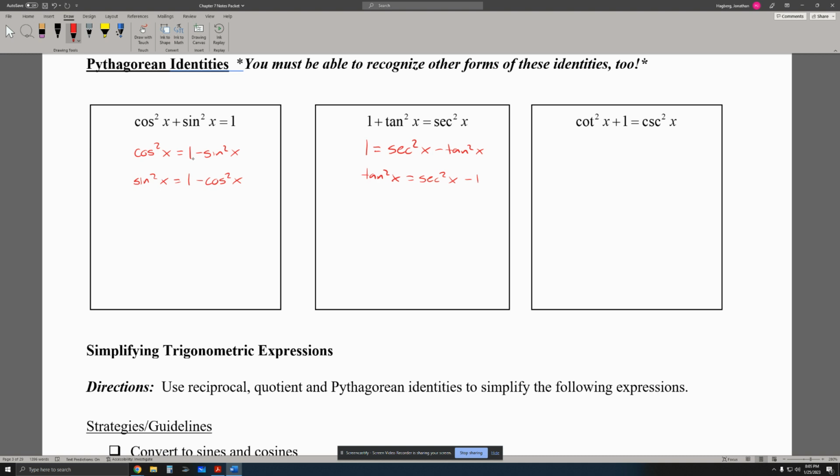For the last one, if we subtract 1 from both sides, we get cotangent squared is equal to cosecant squared minus 1. And then if we subtract cotangent squared from both sides, we get 1 is equal to the cosecant squared minus the cotangent squared. Okay? So you should be familiar with, for sure, these 3 forms, but then also any of the other forms that these 3 might show up in. Okay? Moving around some of those terms.